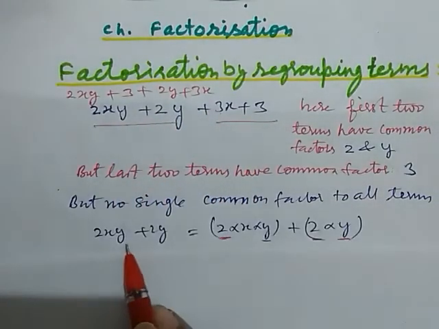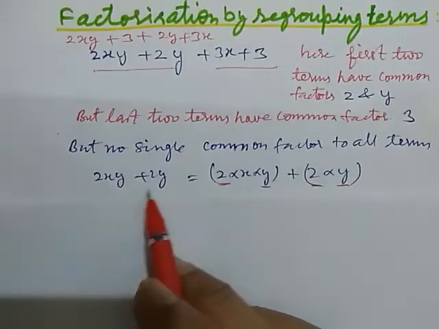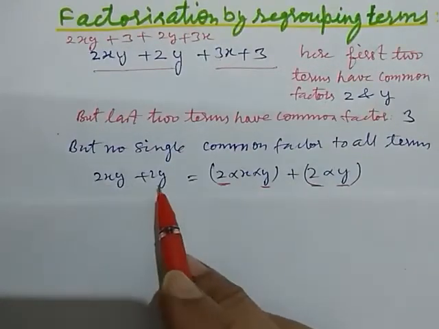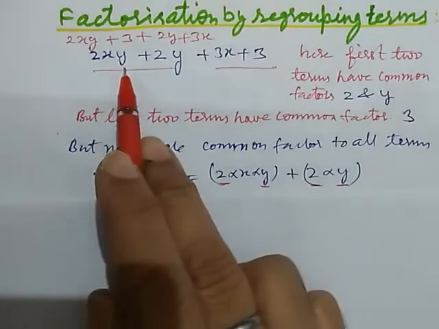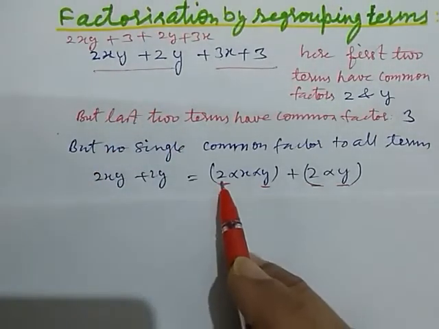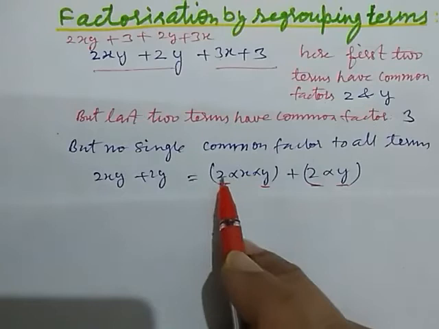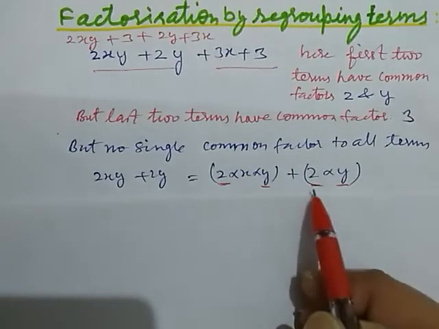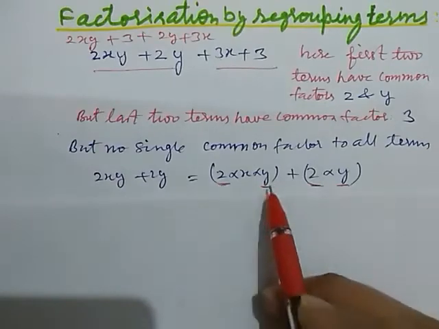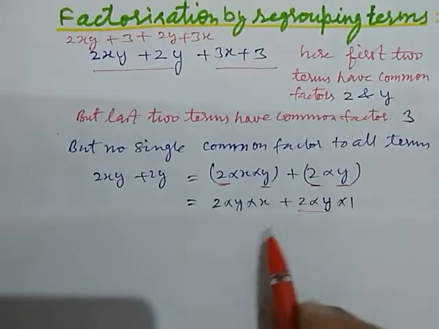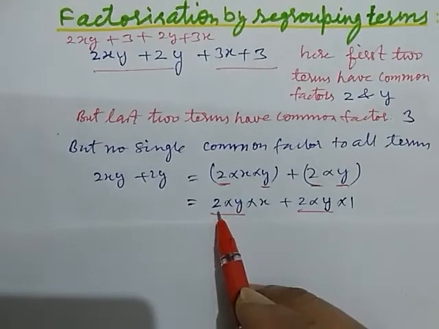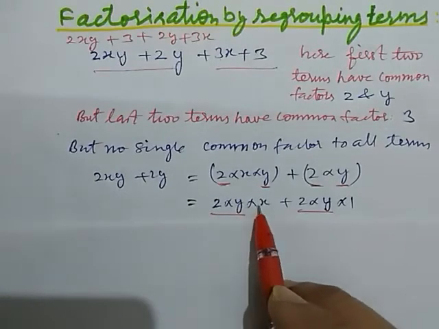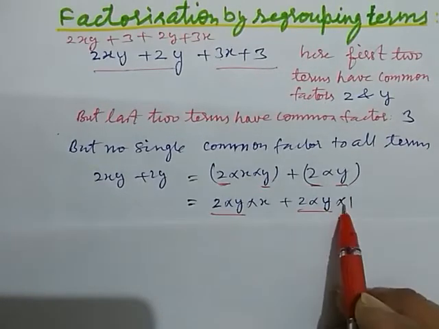How? We have 2xy plus 2y. This is our first group. We express it in factors: 2 into x into y, 2 into y. Here we can see 2 and y is common. So we put 2 and y first, 2y into x. Here 2y into 1.